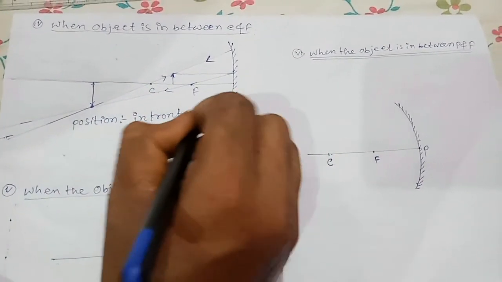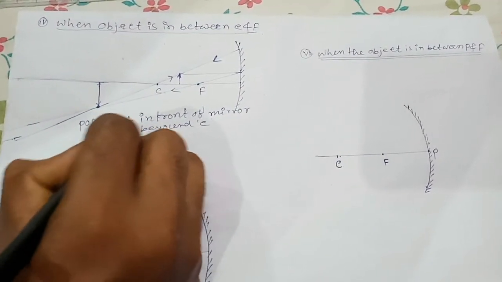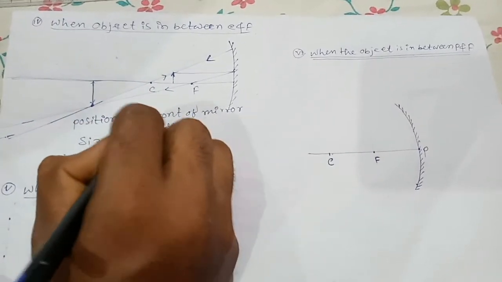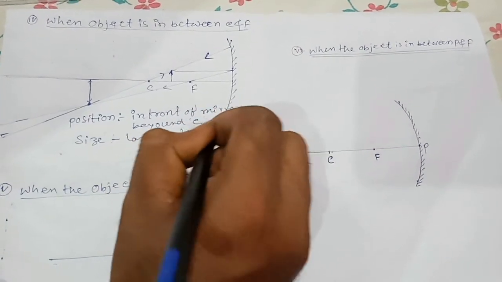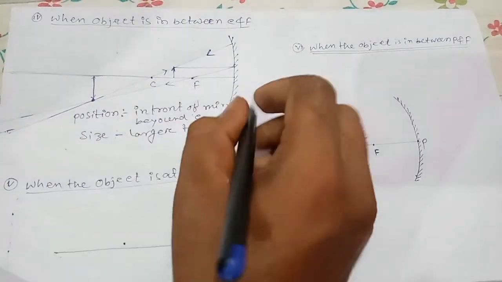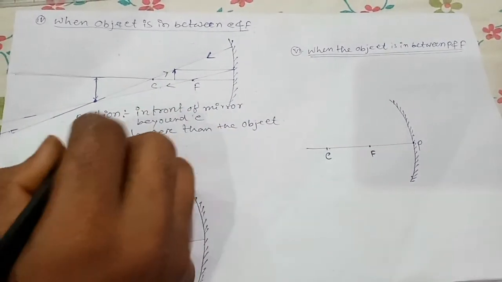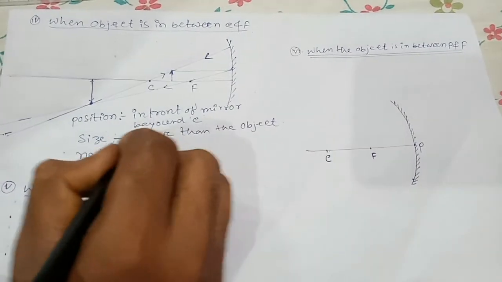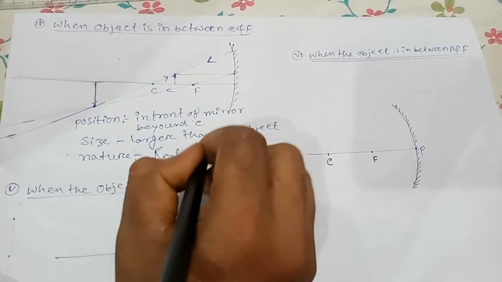Then size of the image is larger than the object. Then nature is real and inverted.